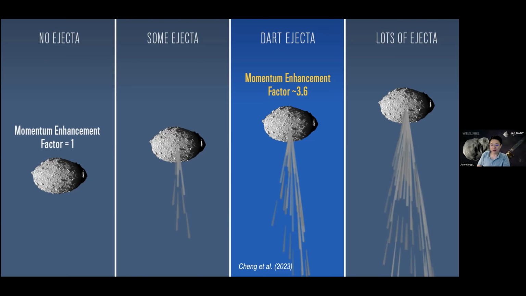We have a range of estimates for the enhancement factor, from 1 to 5, a huge range. That means we have no way to predict the outcome. So that's why we want to do the test. We want to know more about the impact process onto an asteroid, and we want to make better predictions for the future when we have to do this.